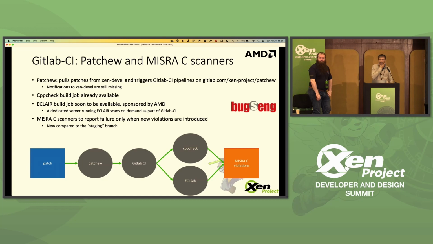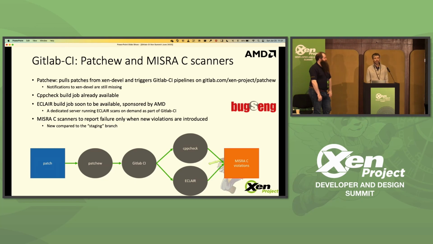Because MISRA violations can be very detailed and find some actually interesting defects in a patch. And one of the goals of MISRA from the beginning was to make review easier by automatically checking for all of these violations using automated tools.